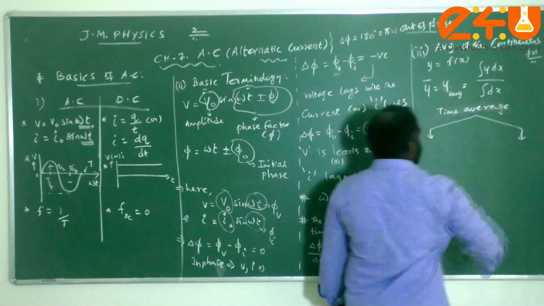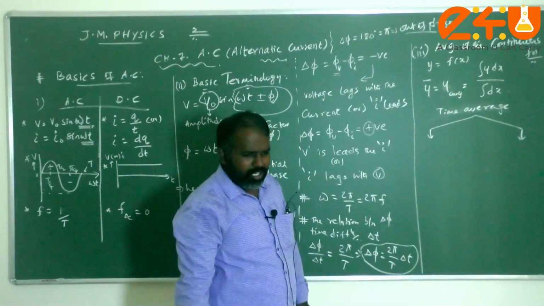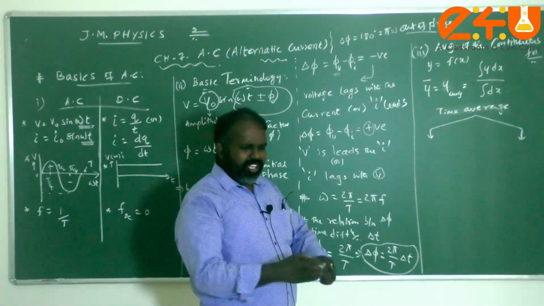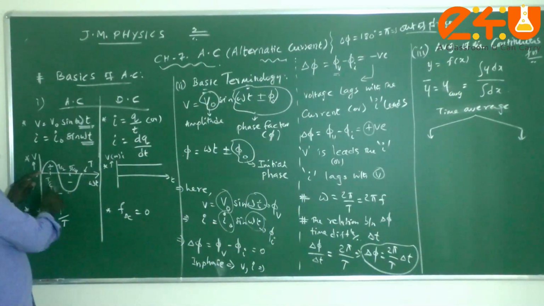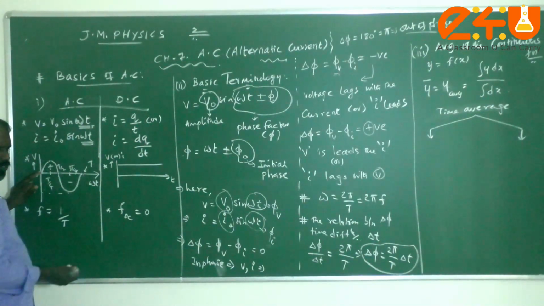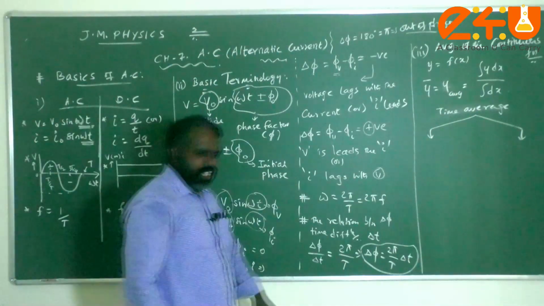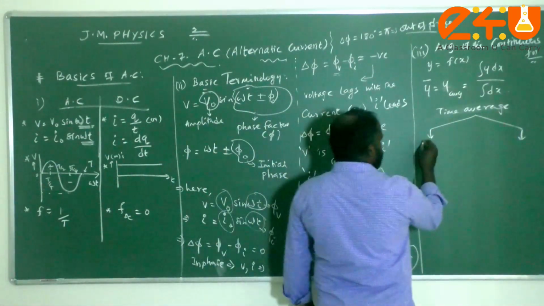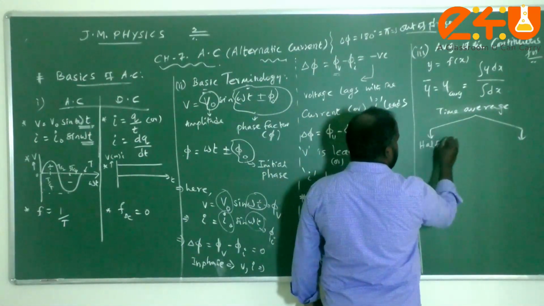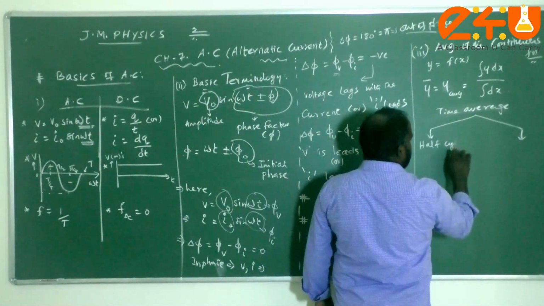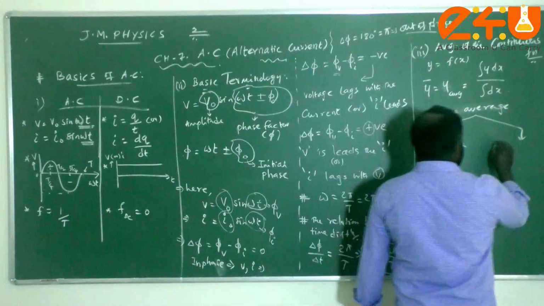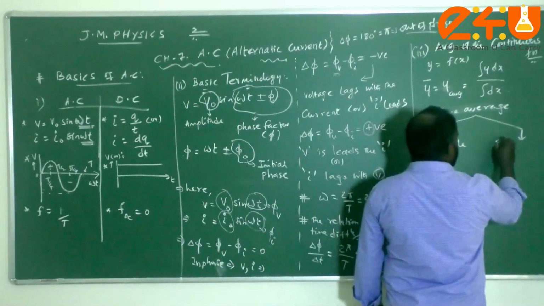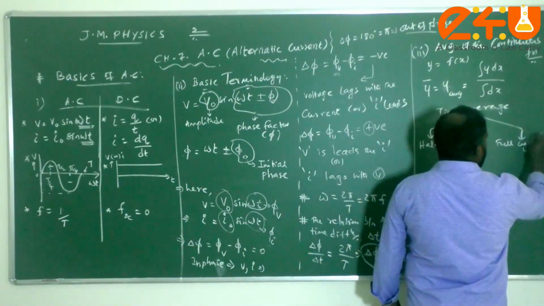There are two types of time average we are going to calculate. In general, for any time interval we can calculate either between 0 to T by 4, or between 0 to T by 2, or between 0 to T, that is our wish. But the main focus is one called half cycle average, and another one called full cycle average.